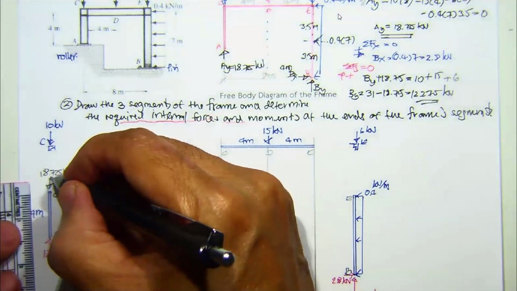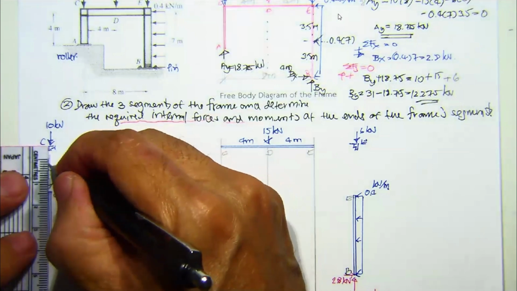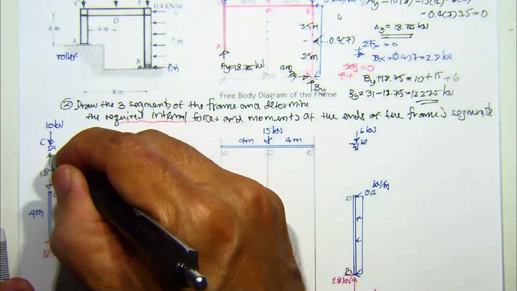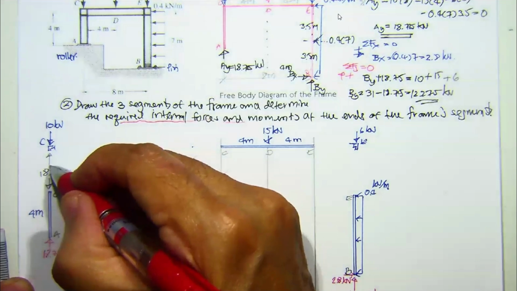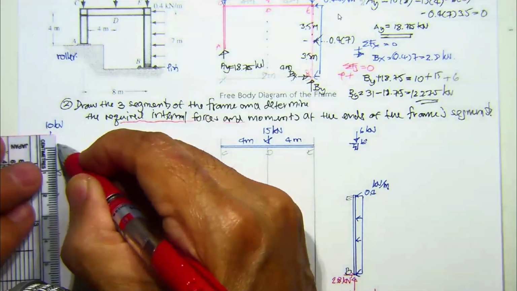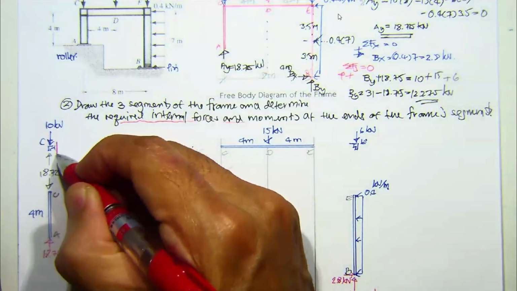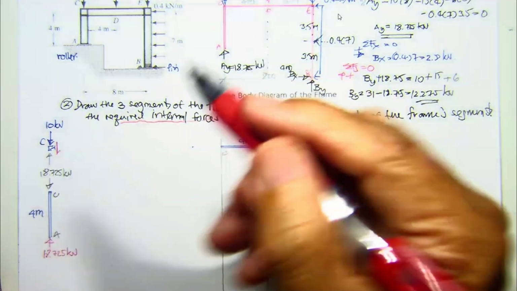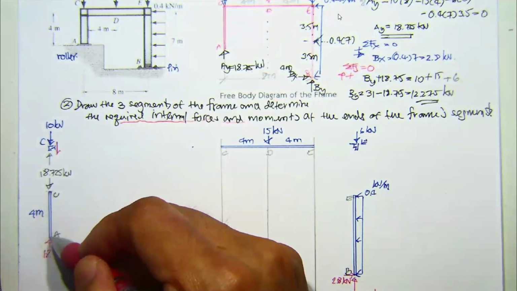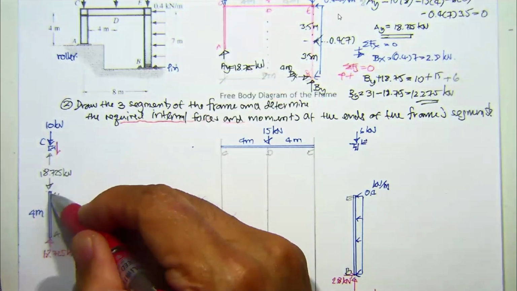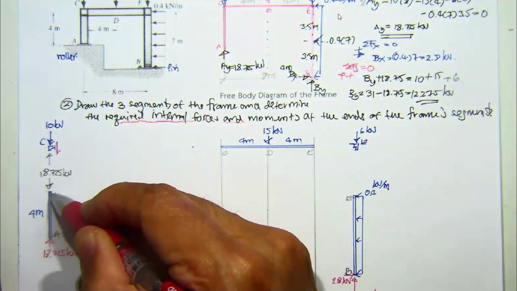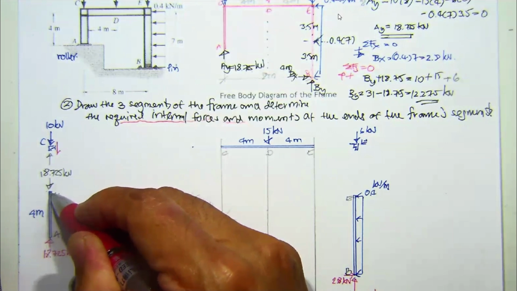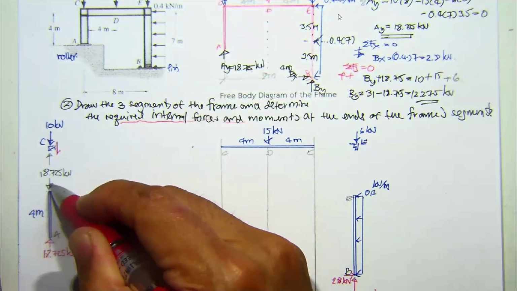Then the 18.725 by the third law of Newton is gonna be up to C. And then at this point C, the 18.725 is axial force, not shear force. There is no shear here because no horizontal force. And also there is no moment here because over here there is only axial force. Okay, no moment, no shear, only axial force.